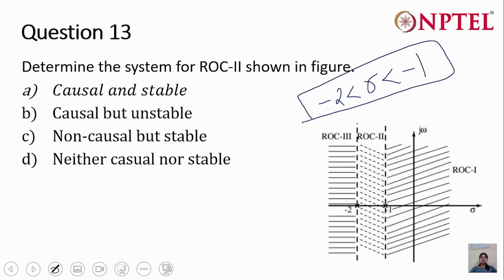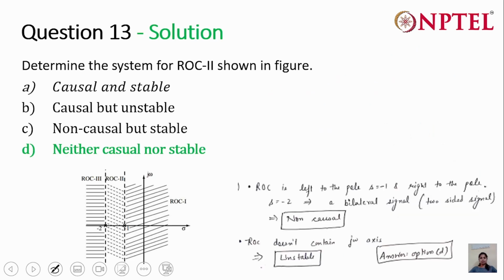Yes. So the ROC does not contain the j omega axis, so it is not stable. And the ROC is not completely right sided, it's basically two sided, right? So it is not a causal signal. So it is neither causal nor stable. It does not contain the j omega axis, so it is unstable, and it's a bilateral signal, so it's not causal as well.